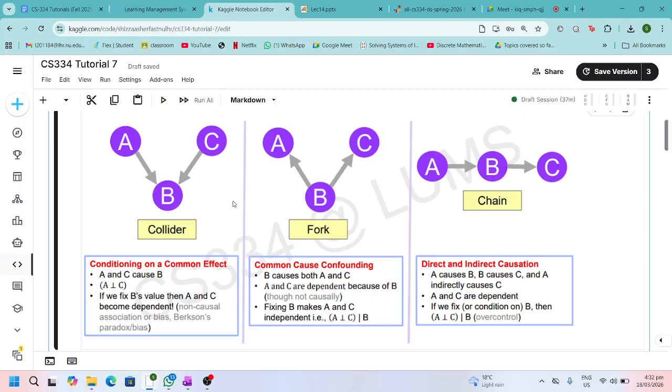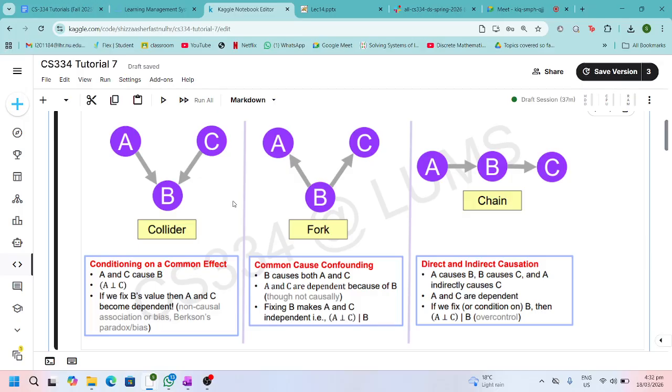So this causes you to observe a false negative correlation between them, even though the email being really long and the email including the phrase please send me money are two variables that may actually have nothing to do with each other. So that is the Bergson's paradox. Essentially that means कि A का C पे जब आपने true effect measure करना हो, तो you don't condition on a collider.